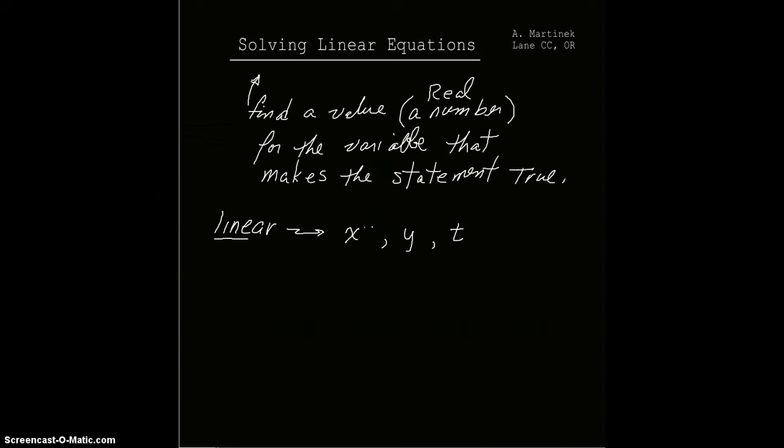What we need is for it to be raised to the first power. That's what makes it linear. If our variable were y squared, we'd say, well, that's not linear, right? If it were something like the square root of t, we would also say that's not linear either. But certainly we could have something that looks like z. No problem.